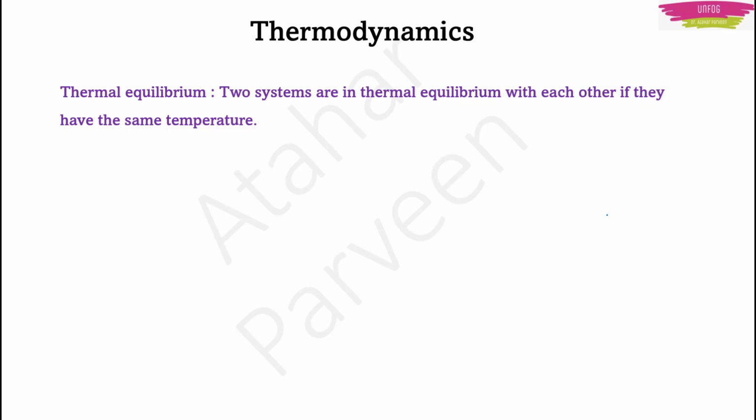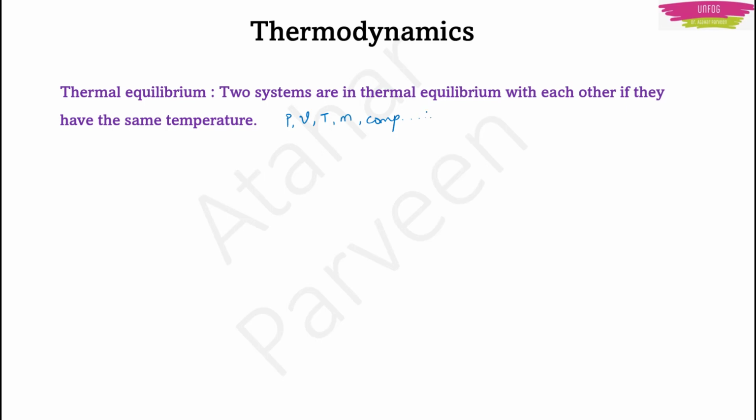So a thermodynamic system is said to be in thermal equilibrium when these macroscopic variables do not change with time. We told pressure, volume, temperature, mass, composition, etc. All these will not change with time.